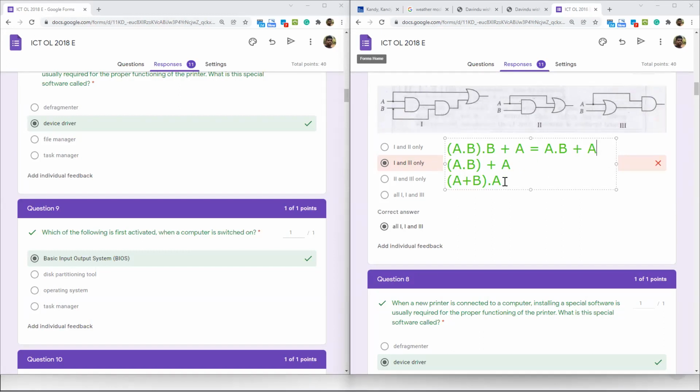So these two are the same. Similarly, here we have A dot A plus B dot A. A dot A is A. So without solving, we can get the desired outcome. All the three are the same, same circuit. Okay, so that's question number 7.